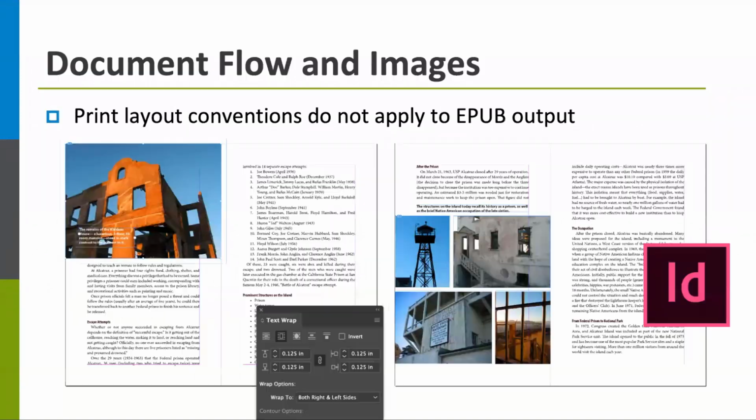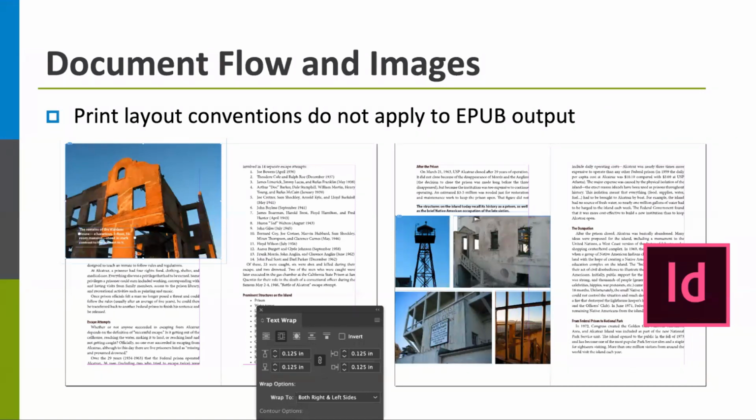So when designers are creating content for print, they have a lot of flexibility to work visually and precisely control where things like images and captions fall on any given page. On the printed sheet, it's a fixed format, and they have complete freedom to do that.